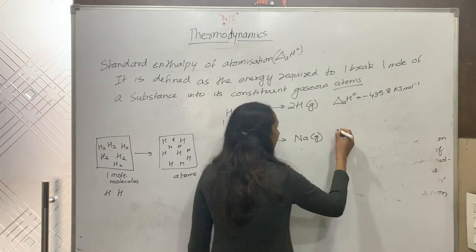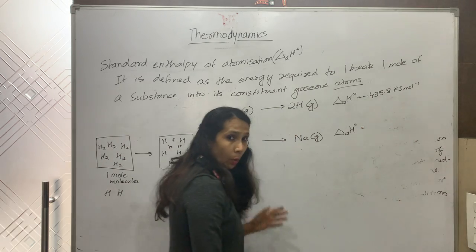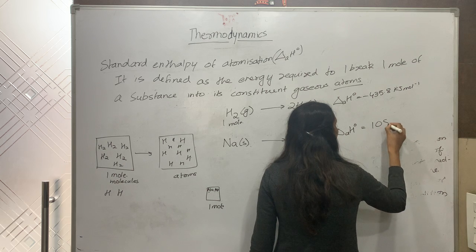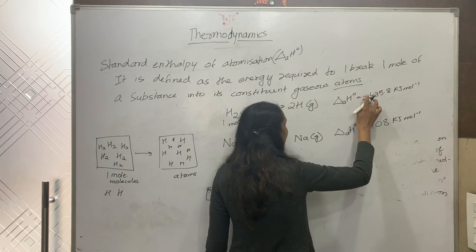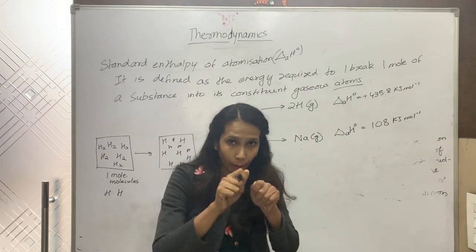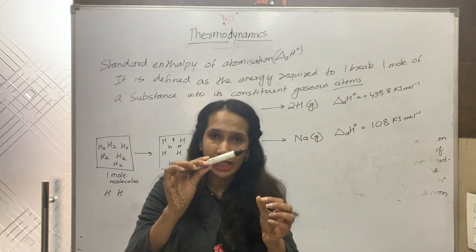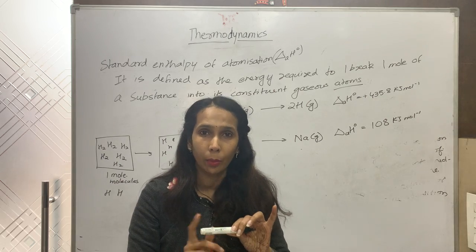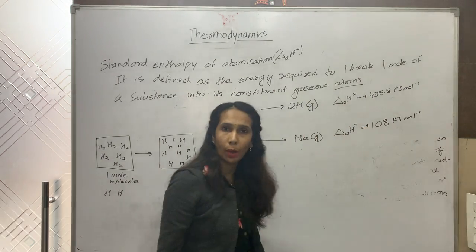So enthalpy of atomization will be, for the sodium gaseous atoms, 108 kilojoules per mole. So one thing more, please don't put a negative sign here, it is positive. Because you require the energy to break. You are breaking something. If I break something, I have to give energy. So it will take energy and then it will break. So it is an endothermic process. Right? So it will always be positive. It is also positive. This much energy is required.